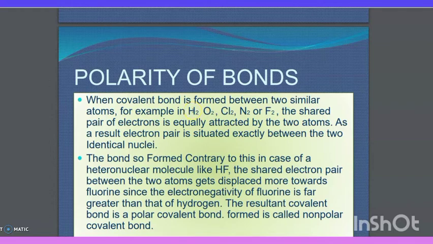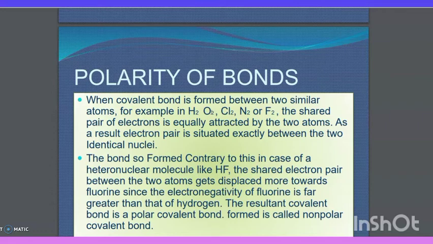We have studied the covalent bond. If you take hydrogen, there are two hydrogens; if oxygen, two oxygens. So the two atoms are similar here. If the two atoms are similar, the electron pair is situated exactly between the identical nuclei. So the electrons are arranged in a systematic manner, and there is an equal share of electrons.